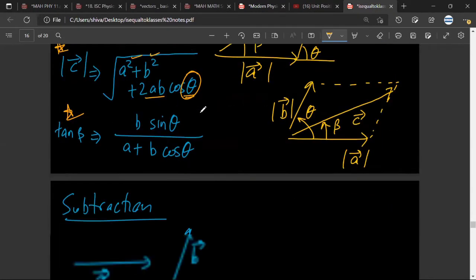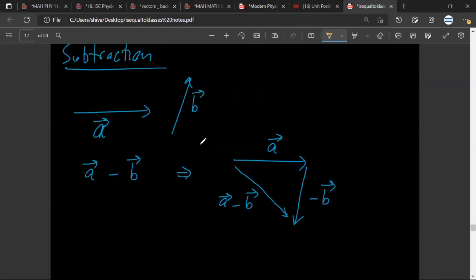Okay, so we have done this analytical formula. Then if we have to subtract two vectors, say this is the a vector and this is the b vector and I want to subtract the two. If I want to find a minus b, I change the direction of b. So this is how I have changed the direction: same magnitude but in the opposite direction. And then I just add a and minus b.